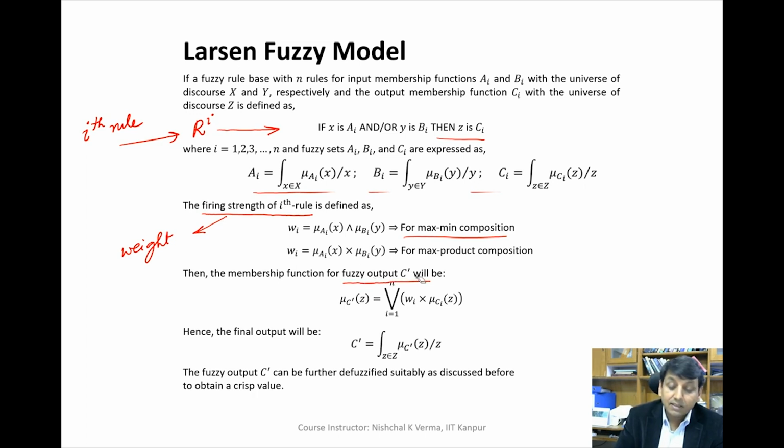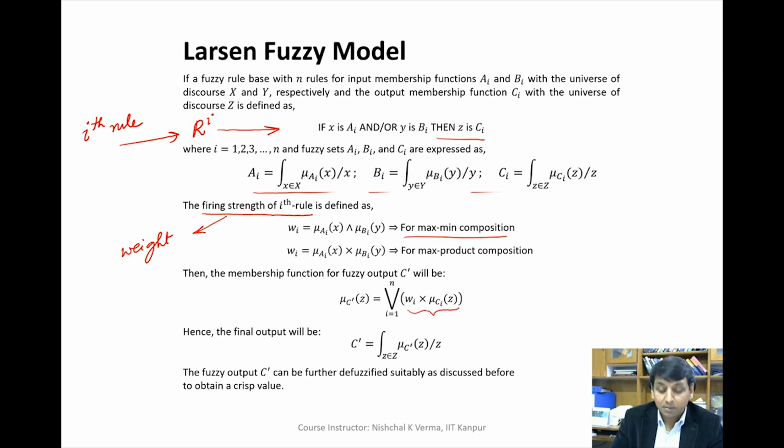Let's say we have the output fuzzy set C. Accordingly, after the truncation with the help of the weight values or firing strength of the rule, we will get the truncated fuzzy value, which we denote by C dash, and then the membership function of this C dash fuzzy set can be like this.